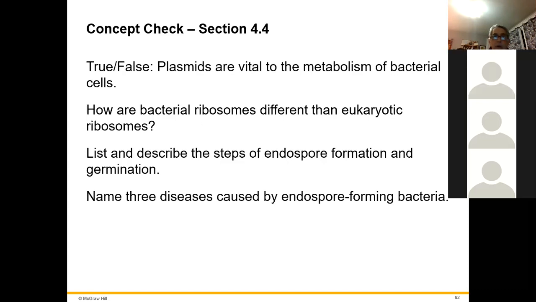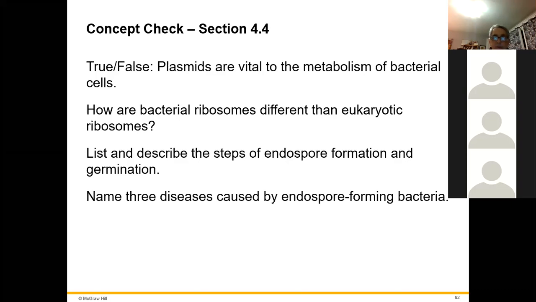They are not essential to the metabolism of bacterial cells. They carry extra genetic material that can make them more virulent, but the plasmids in and of themselves are not necessary for the bacteria. They already have their single large DNA chromosome.